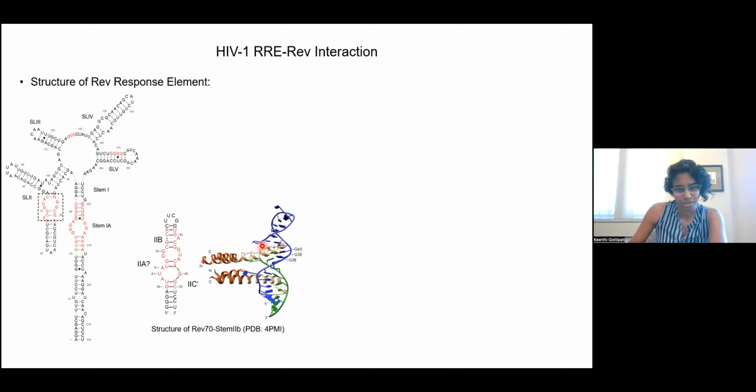There was the structure determined of Rev in complex with the stem 2B of RRE. Stem 2B contains the high affinity site, and this was a minimized section of stem 2B, not the entire stem 2. And we see Rev binding within the major groove of this stem 2B structure.